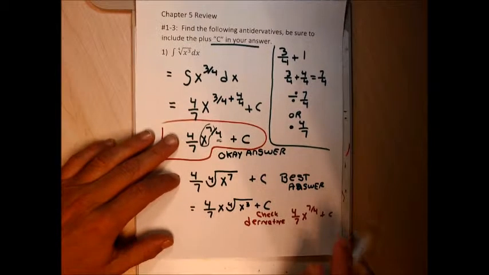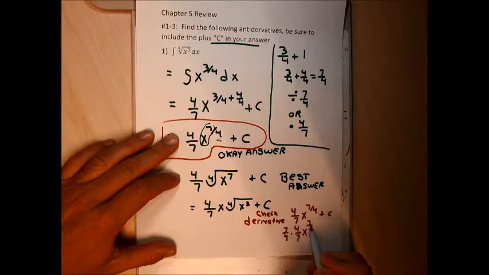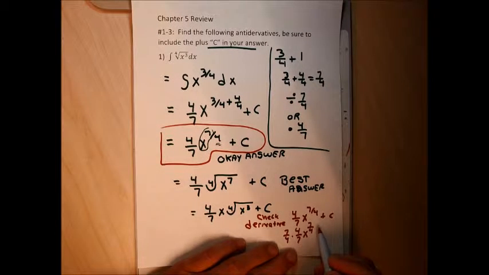To find this derivative, I'll take the exponent of 7/4, multiply it by the coefficient of 4/7. I'll lower the exponent by 1, and by lowering it by 1, I'm going to minus 4/4. And then the derivative of c, because it's a constant without an x, is 0.